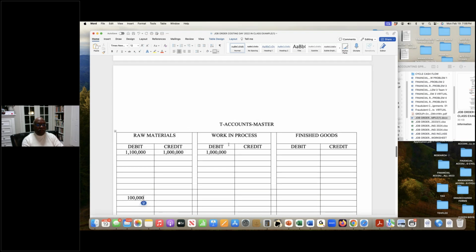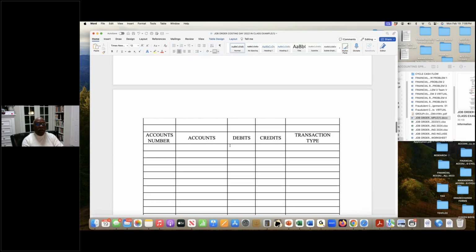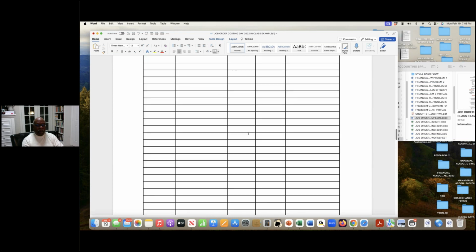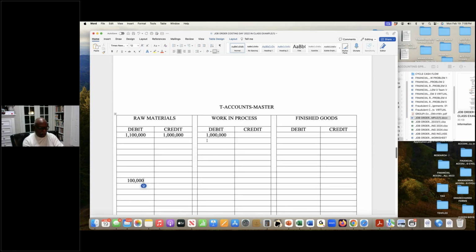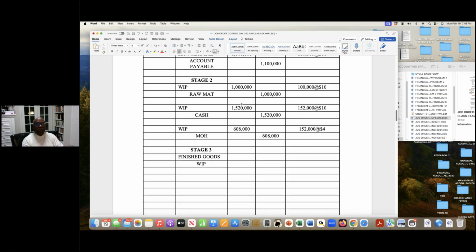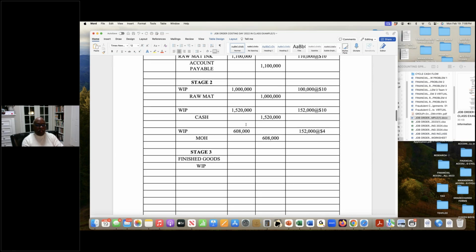And all we're going to do then is transfer the labor and the overhead, the 1,520,000 and the 608,000. So we make the journal entries, then we post them to the ledger: 1,000,000, 1,520,000, and 608,000.